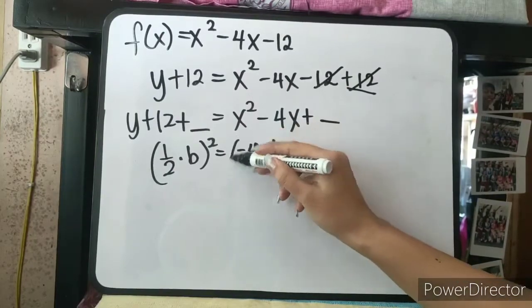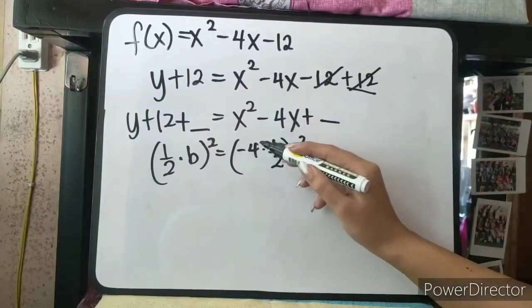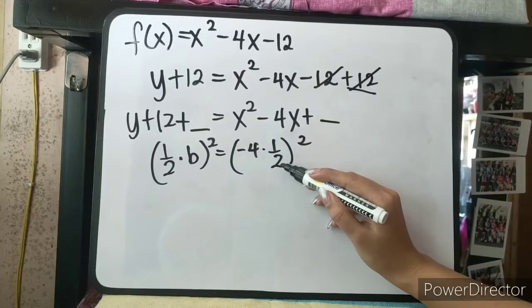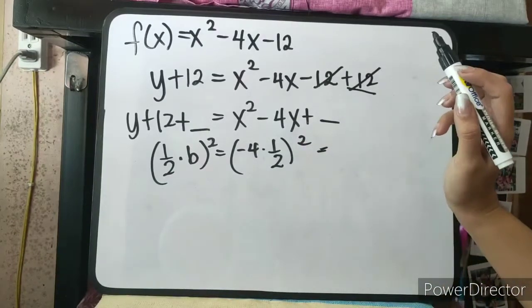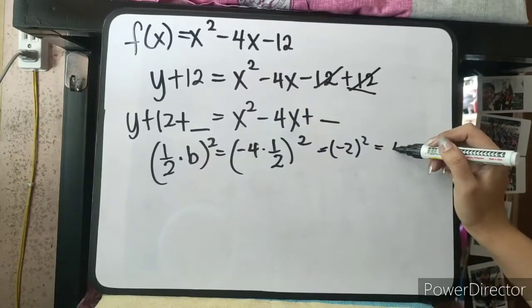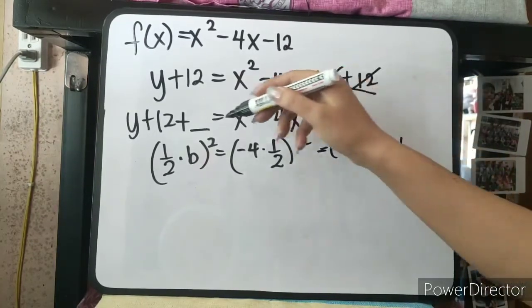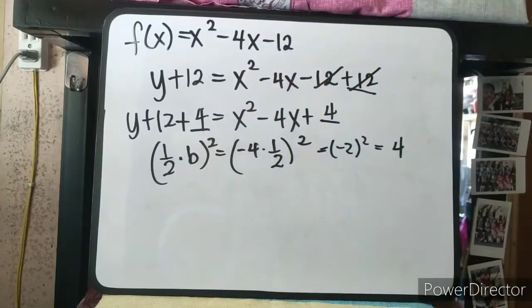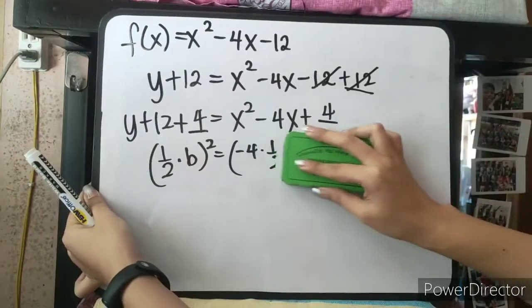Commutative naman ng multiplication, and then we will square it. So, 4 divided by 2 is 2. Negative 2 squared is 4. So, 4 yung ilalagay natin dito. 4 din dito. Ayan.